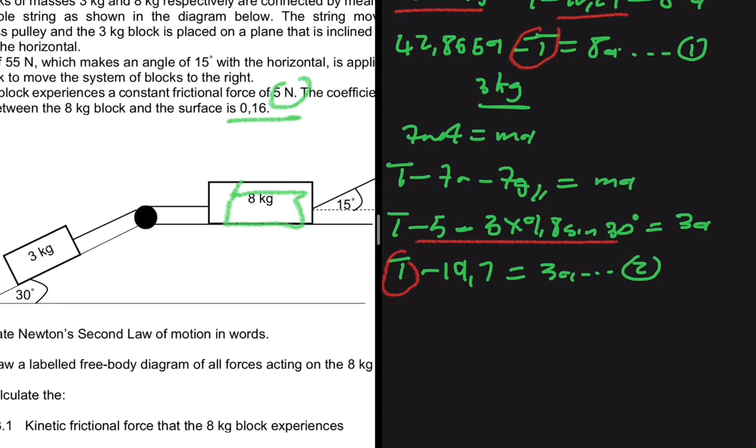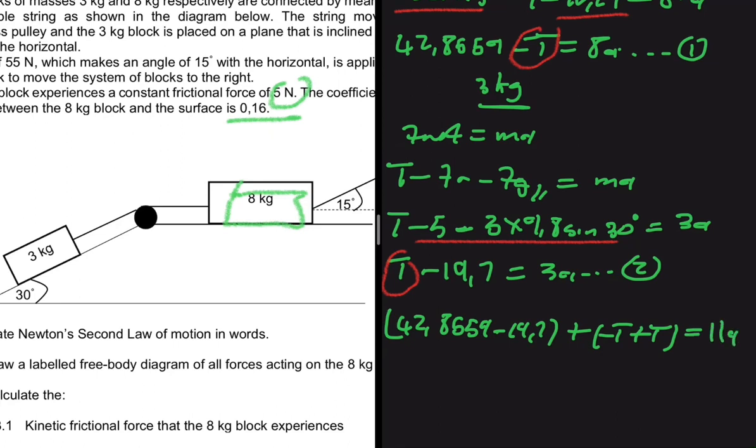So we're going to add equation 1 and equation 2. We're going to have 42.8559 minus 19.7, plus, there's really no need for this, but plus minus t plus t, they're going to fall apart, being equal to 8a plus 3a, which will be 11a.